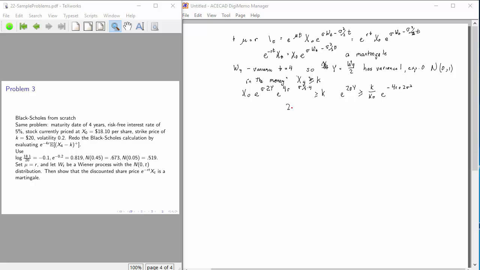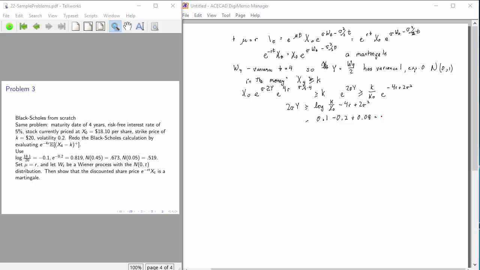Now we've got some nice neat numbers here. First I'll take the logarithm. 2 sigma y has to be greater than or equal to log of K over the initial price minus 4r plus 2 sigma squared. But I chose K and X naught so that this first logarithm is 0.1. The second term is equal to minus 0.2, and the last term is plus 0.08.